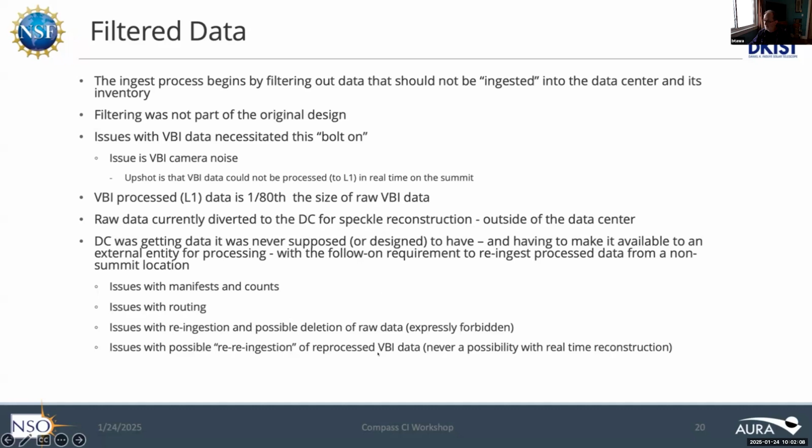So it caused a fair amount of, I don't want to say upheaval, but this was supposed to be a temporary process, which is now in the process of becoming permanent. So at this point, we are starting a design where the data center will process the raw data and make it as though it were like every other instrument.